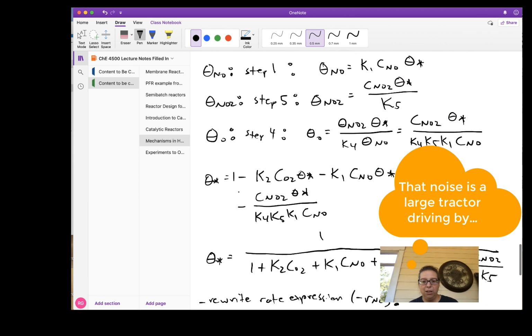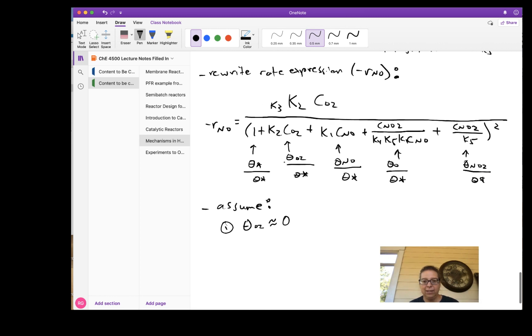It's small enough that it's not going to affect the reaction order of O2 in this rate expression, but not so small that the rate isn't proceeding. So maybe a better way to say that is that theta O2 is much less than the coverage of free sites.